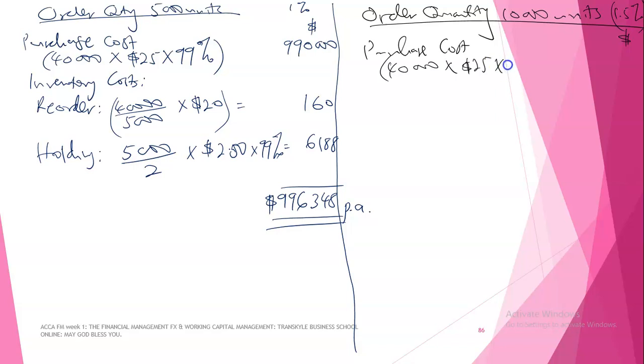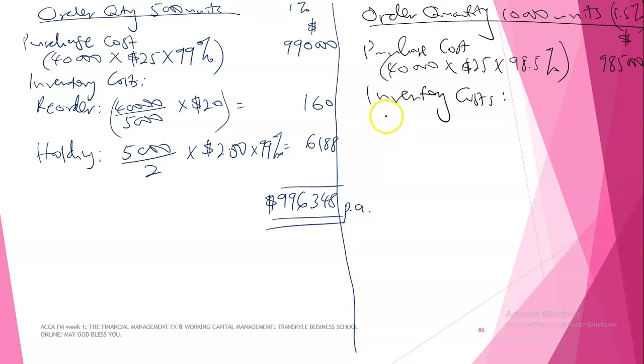In this case, we are not going to use the 99%, rather we are going to use the 98.5%. Why are we saying so? Because we have deducted 1.5 from 100%. Okay, so that gives us $985,000.